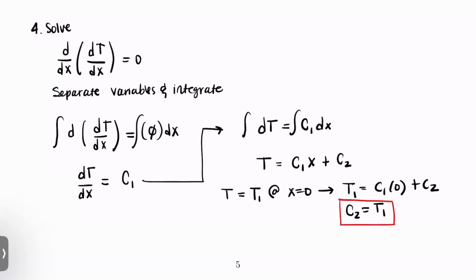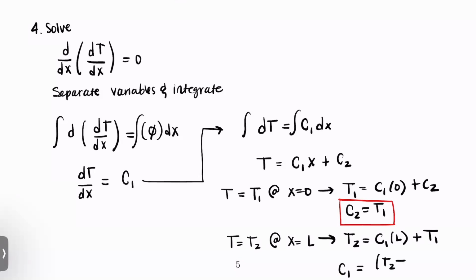And then on the other side of the plate, we have T is equal to T2 at x equals L. So we have T2 is equal to C1 times L plus C2, which we already found is T1. So I'm just going to solve for C1 now, and C1 is the quantity of T2 minus T1 divided by L. So that's our other constant sorted out.